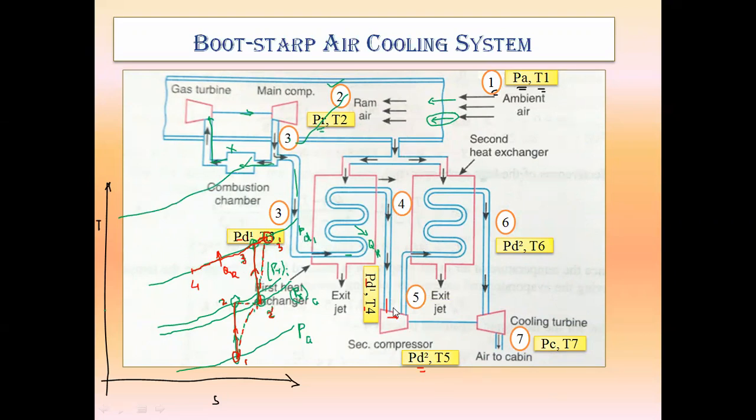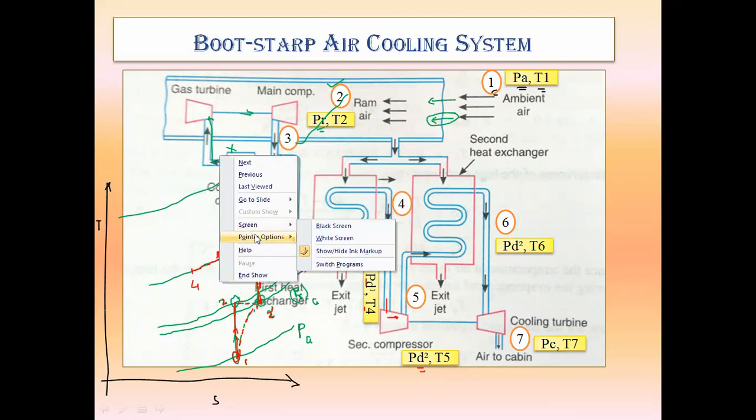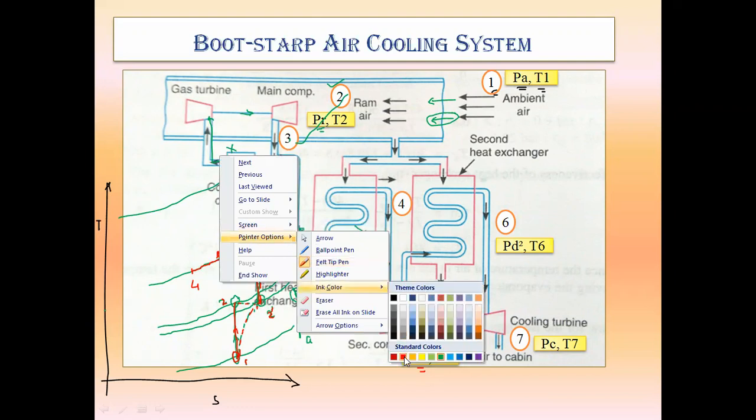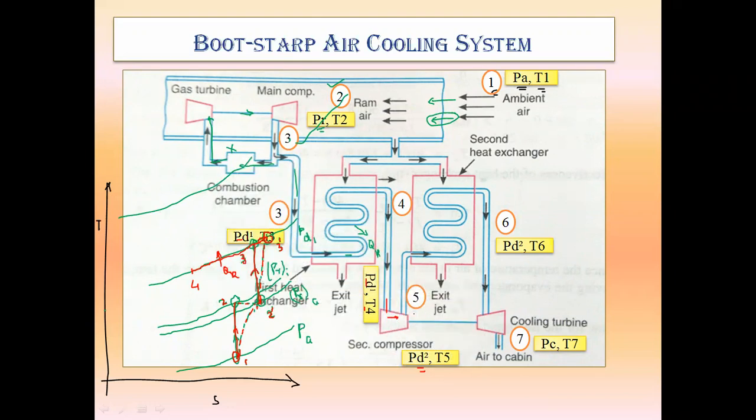So here inside the secondary compressor, again isentropic compression will take place. 4 to 5 process will occur inside the secondary compressor, where pressure will increase from PD1 to PD2. So this is the PD2 pressure.